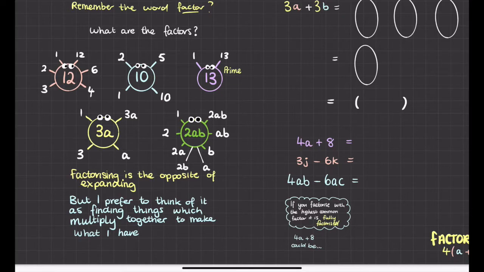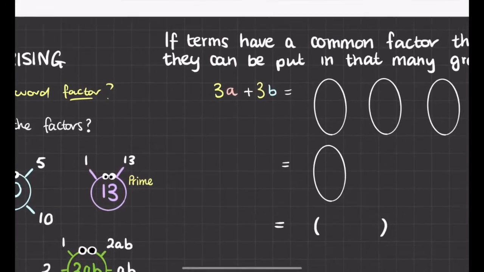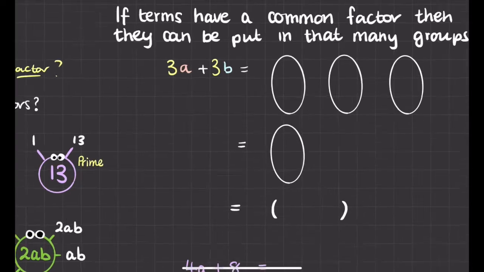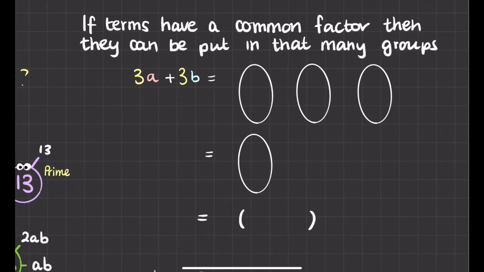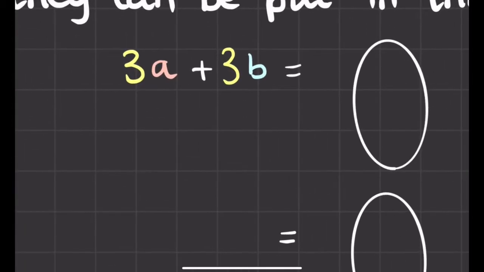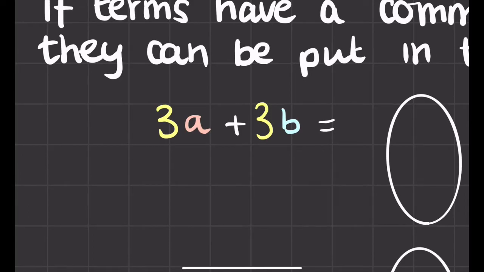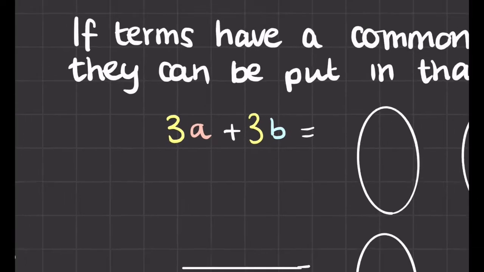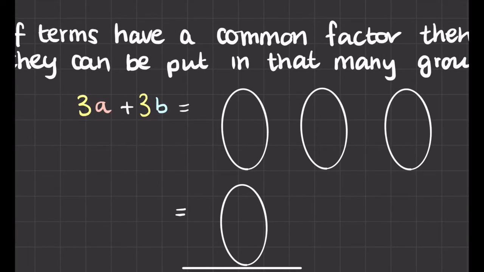So let's have a little look at this example up here. I've got 2 terms here. If I can find a common factor, then I can put them into that many groups. So for this question here, I've got 3a plus 3b. What I could say is that I've basically got 3 groups of a.